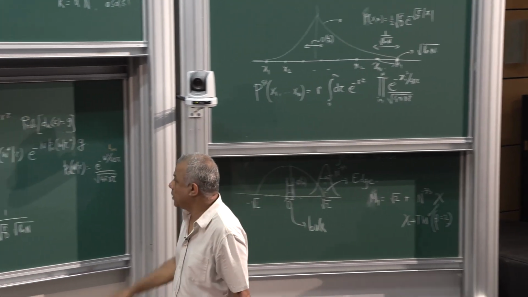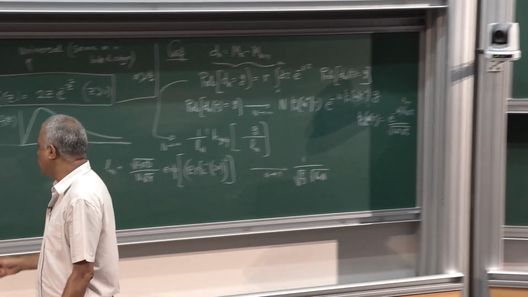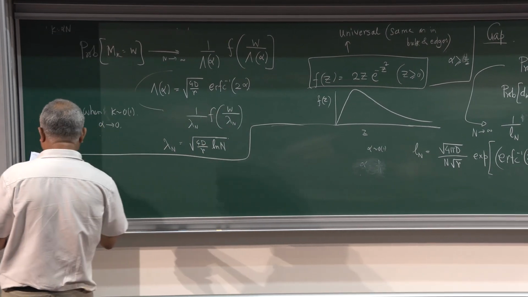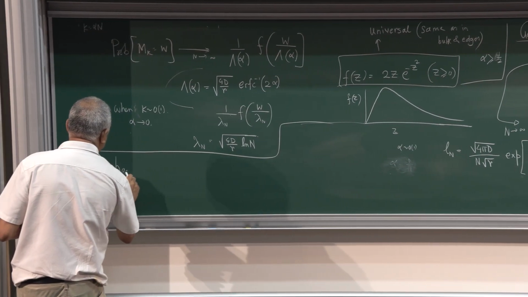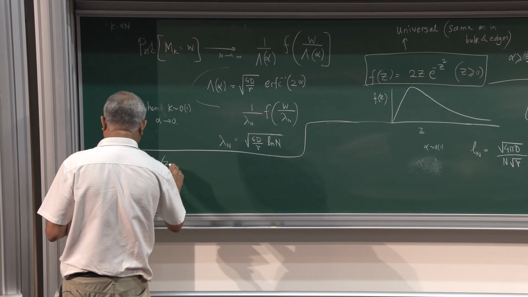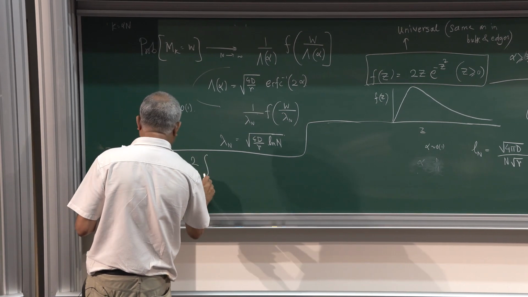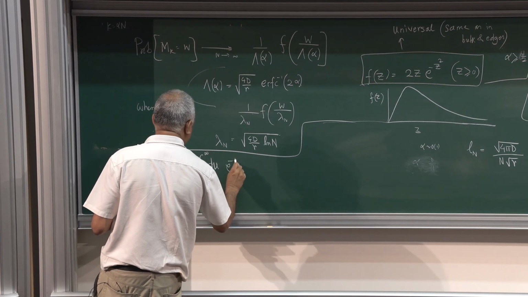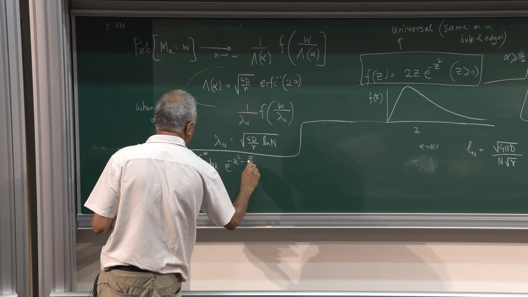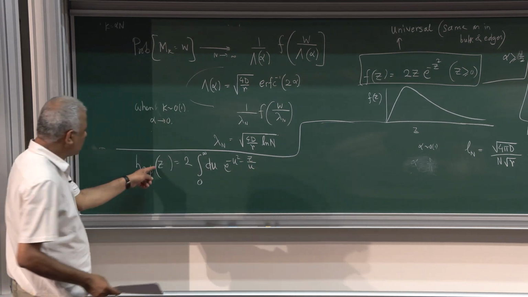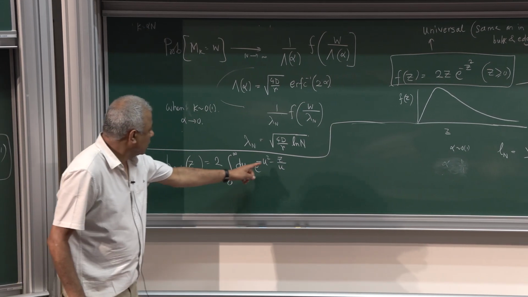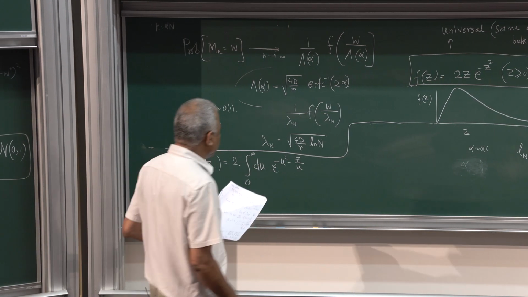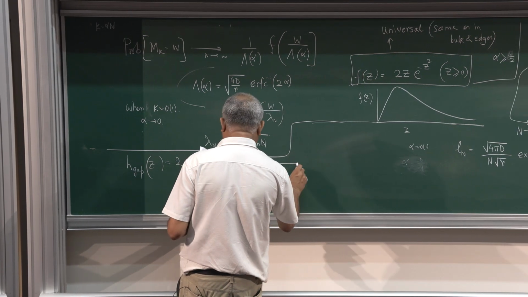But again, this scaling function h gap of z is explicit and quite non-trivial. It is normalized to unity, you can check. You can probably do this integral and write it in terms of a hypergeometric function or whatever, but it's a non-trivial function, and it has this behavior.